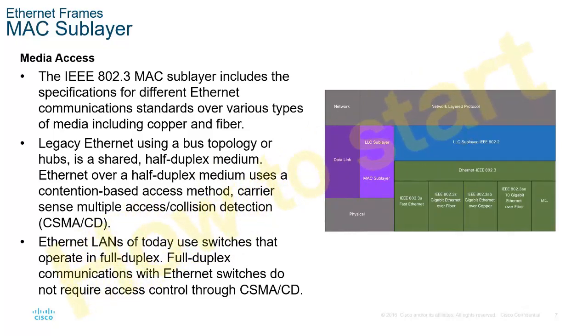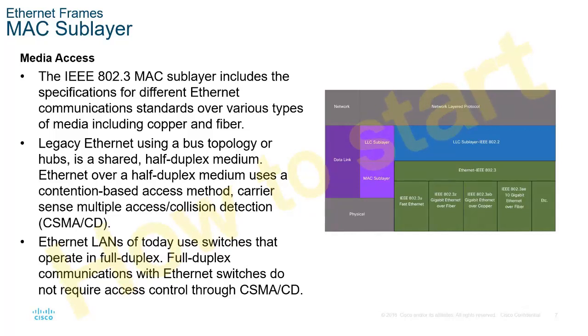If we're talking gigabit over copper, it's going to be 802.3ab. So again, z versus ab, slightly different, both gigabit, but over different media. Because this is going to be what controls access to that media.